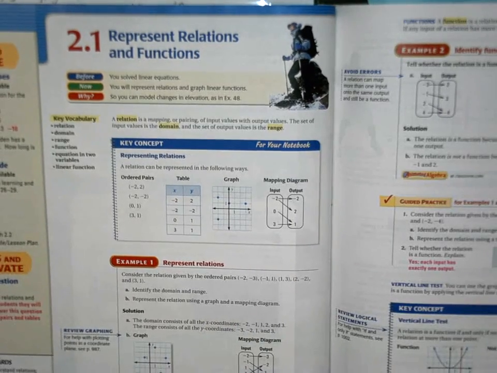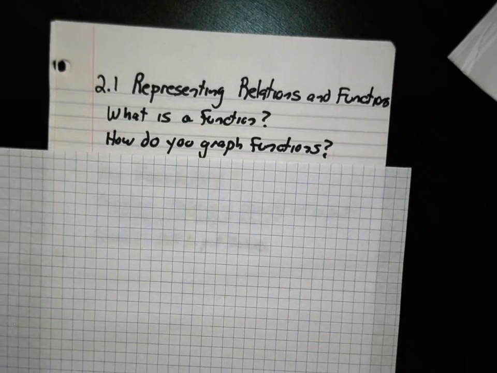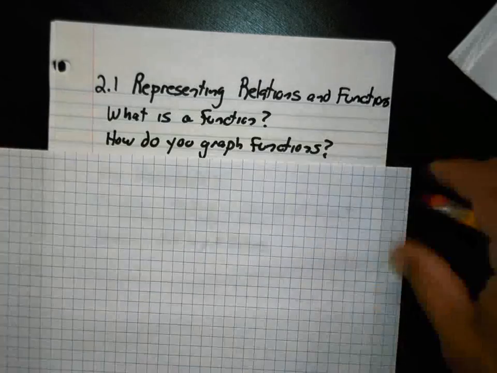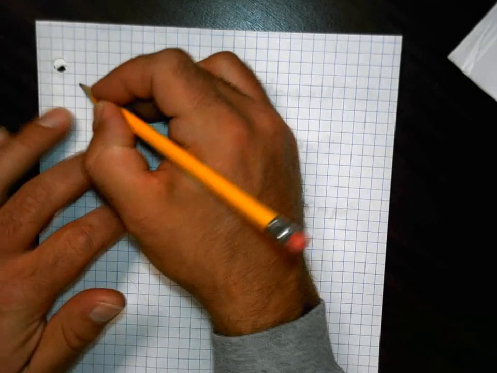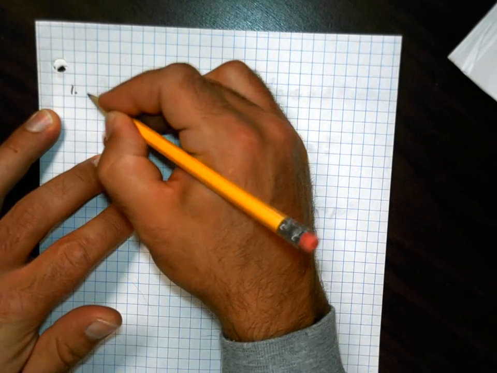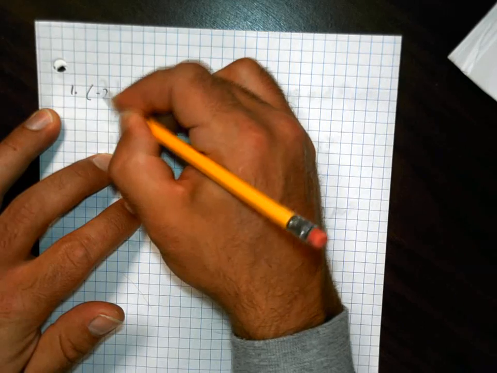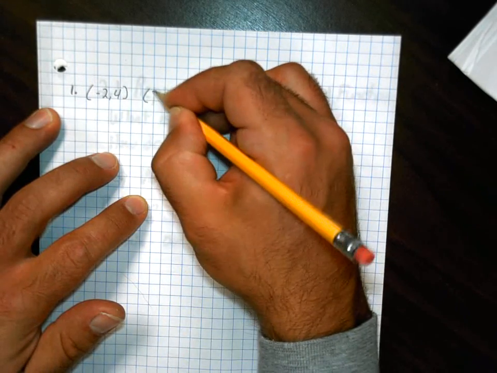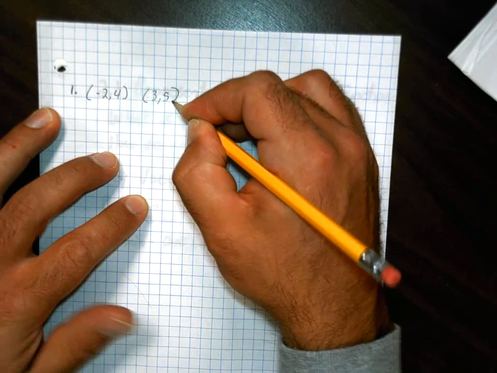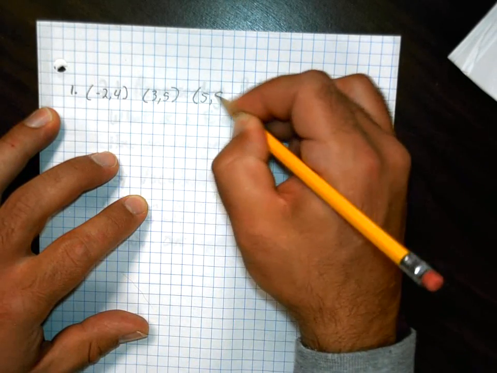So let's go through an example here. Let's say we are given the relation (-2, 4), (3, 5), and (5, 8).